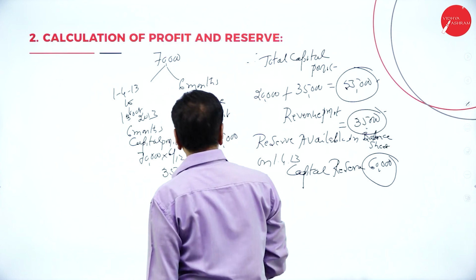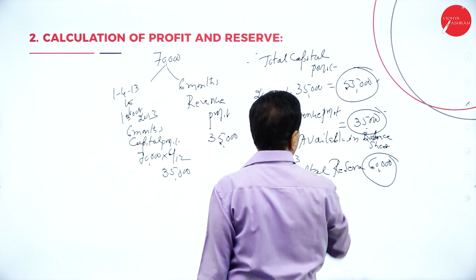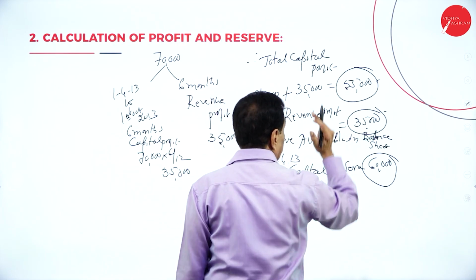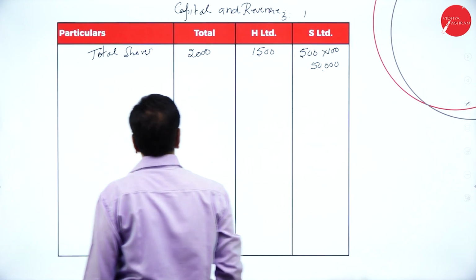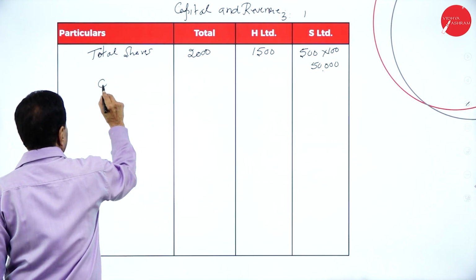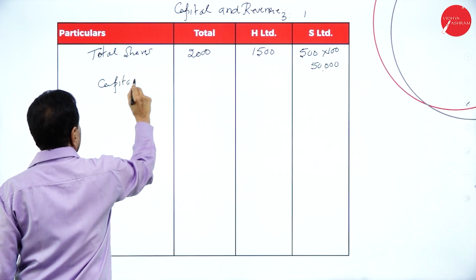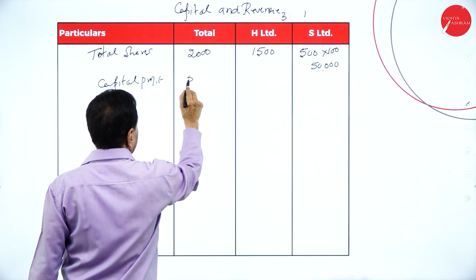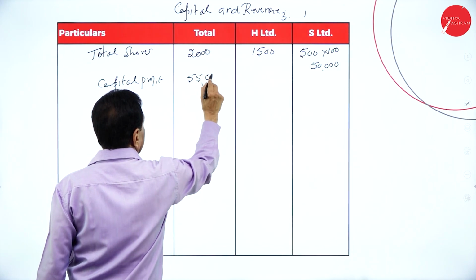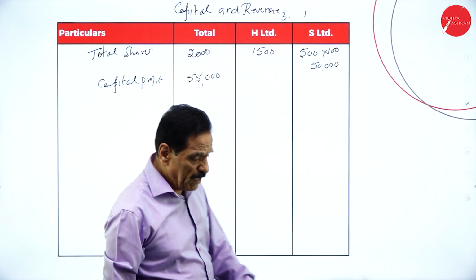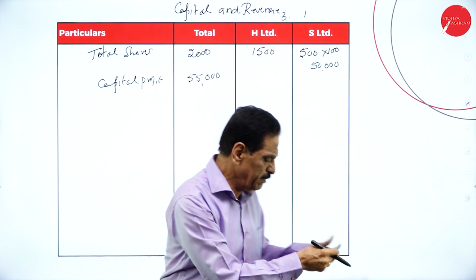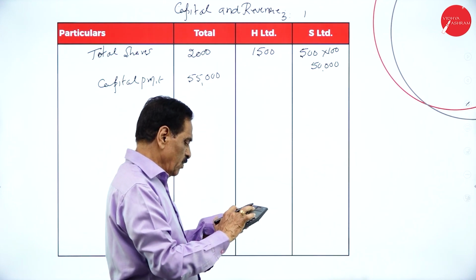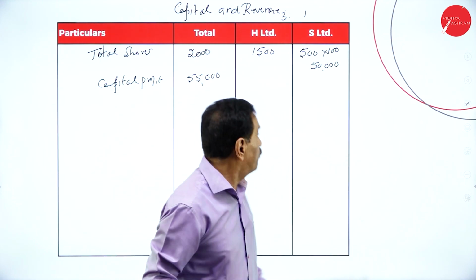Now, you already did it. Your capital profit is how much? 55,000. Your revenue profit is 35,000. Capital profit 55,000, share it in the ratio of 3 by 4. 55,000 into 3 divided by 4 is 41,250.